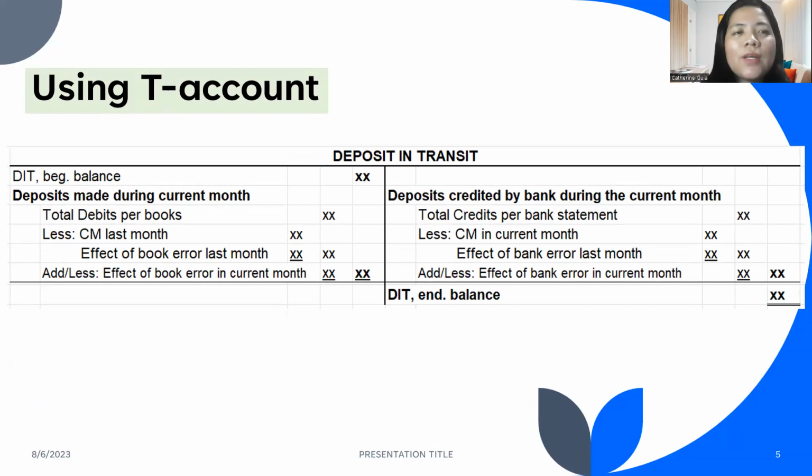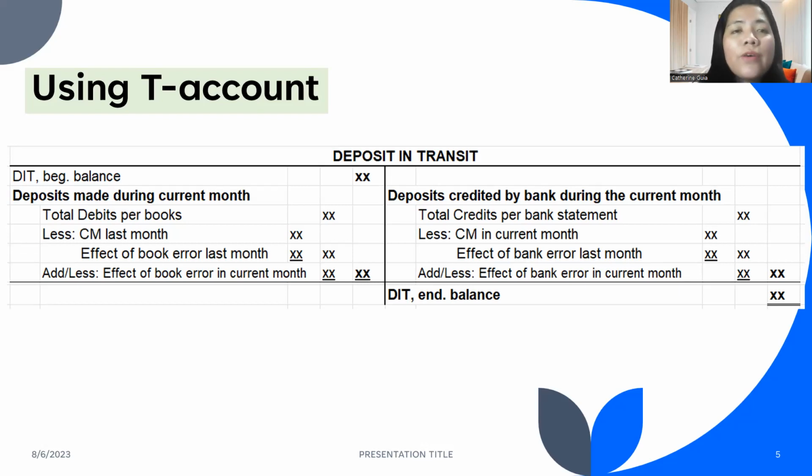So what did you notice? The deposits are only pertaining to collections made by the entity from its customers, and the deposits credited by the bank based on the collections made by the entity.